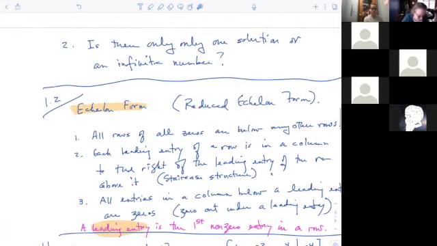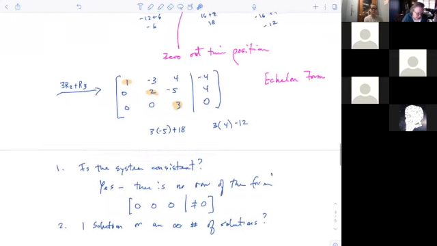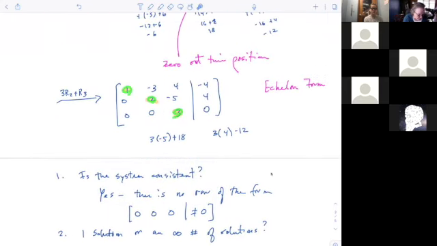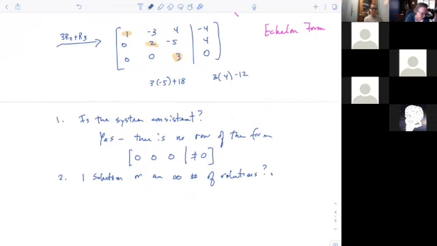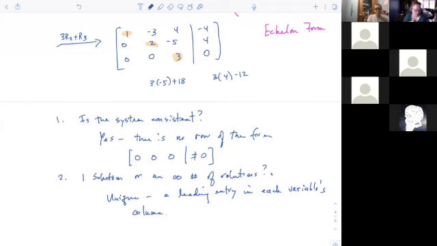But down here, we have a leading entry in each column. So there's a leading entry corresponding to each of our variables. And so that actually means that we have an infinite number of solutions. I mean, excuse me, a unique solution. It's unique because there's a leading entry in each variable's column.